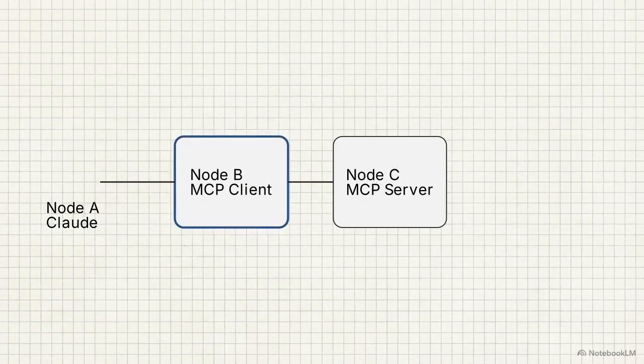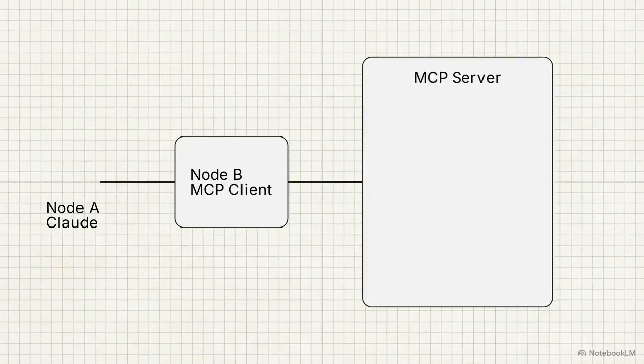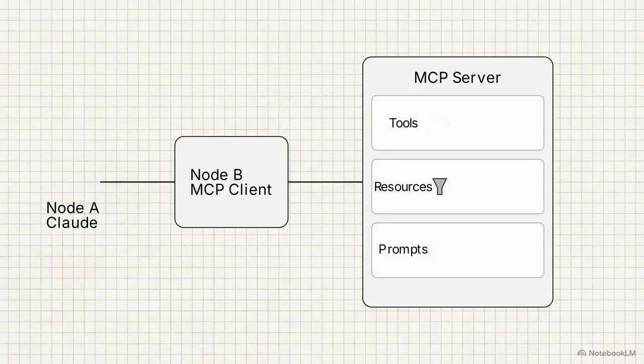It communicates exclusively with an intermediate layer called the MCP client, Node B, which then connects to the MCP server, Node C. The MCP client acts as a translation layer. It takes the natural language intents generated by the language model and converts them into strict protocol-compliant requests that the server can execute.